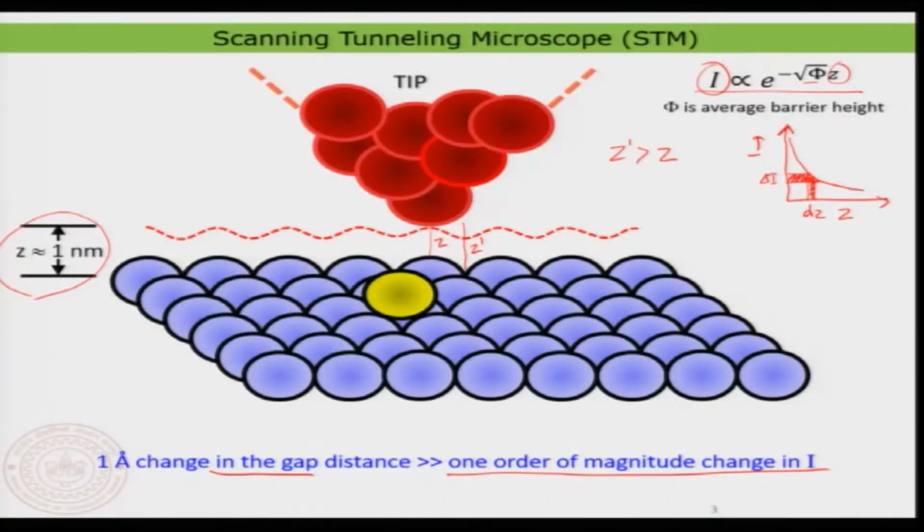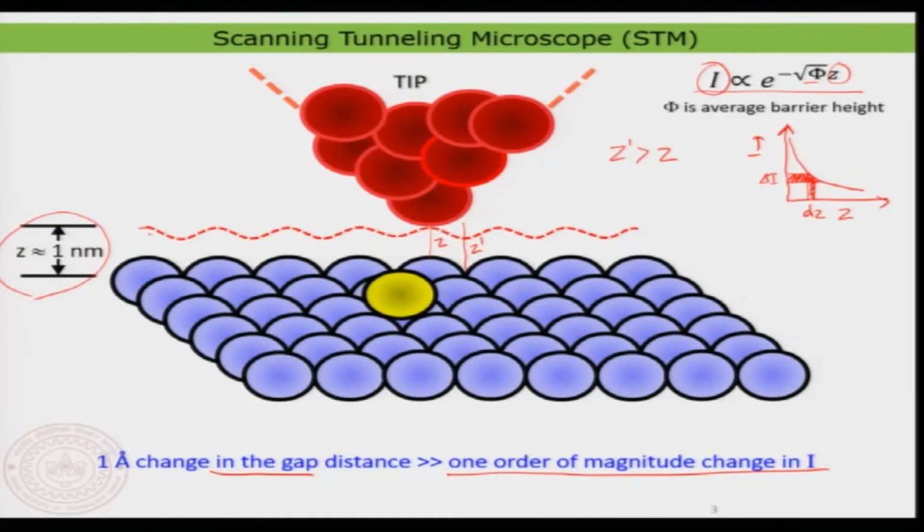So, therefore, what you would expect is that when you move the tip, for example, across the atomic lattice, you would measure a high current here, a low current here. Ideally this small difference, that delta I, is nothing but a change in tunneling current as a function of distance.